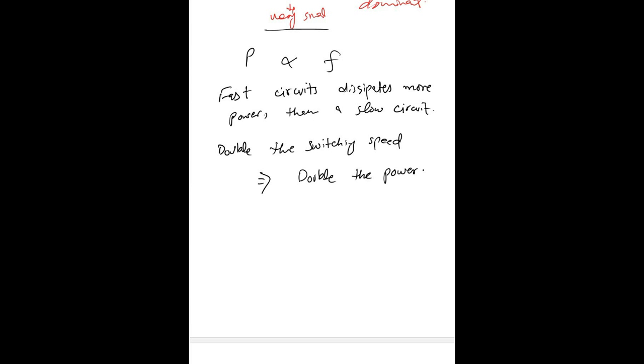So if we want to increase the frequency of our circuits, we have to keep in mind two different factors: one is our rise time and fall time, and the other one is our power dissipation. Obviously, we cannot have a very slow circuit, so that we may wait for hours to complete the task. So if we want to increase the frequency, we have to care for the rise and fall times.